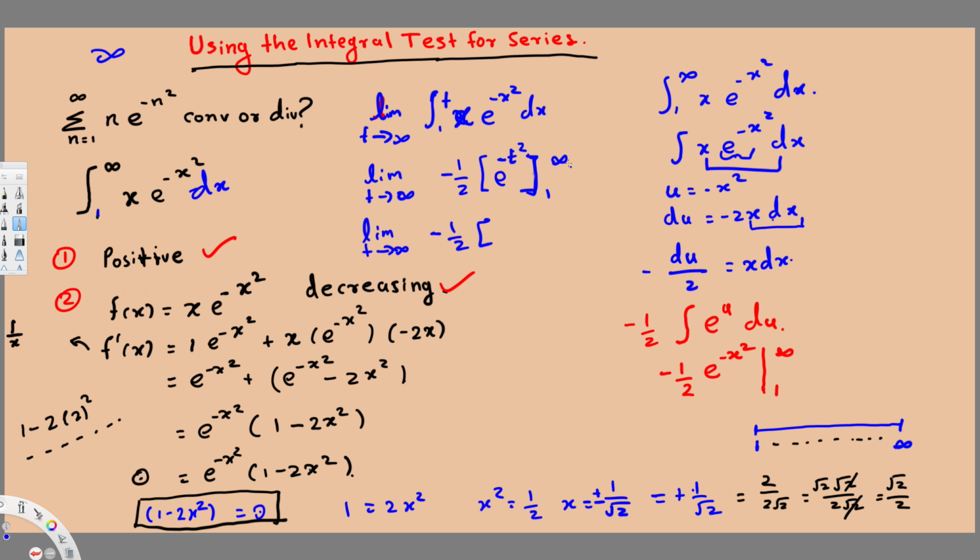If I substitute infinity for this one, e power negative infinity is going to be 0, right? 0 minus e power minus 1 square, that's going to be just 1 over e.